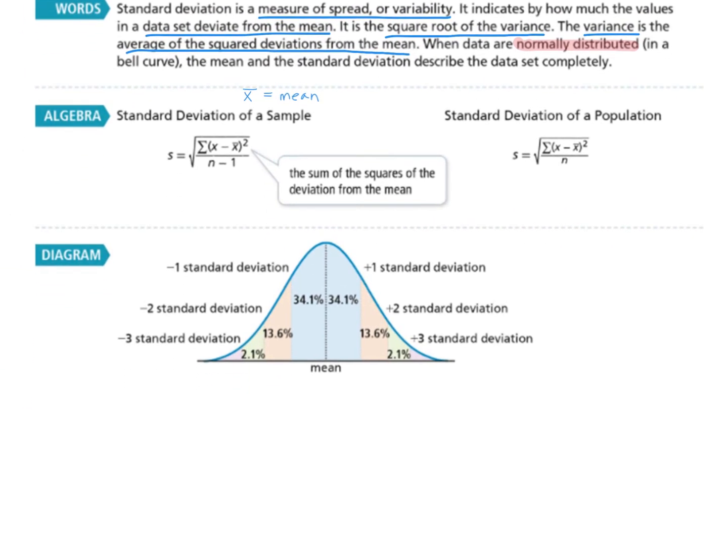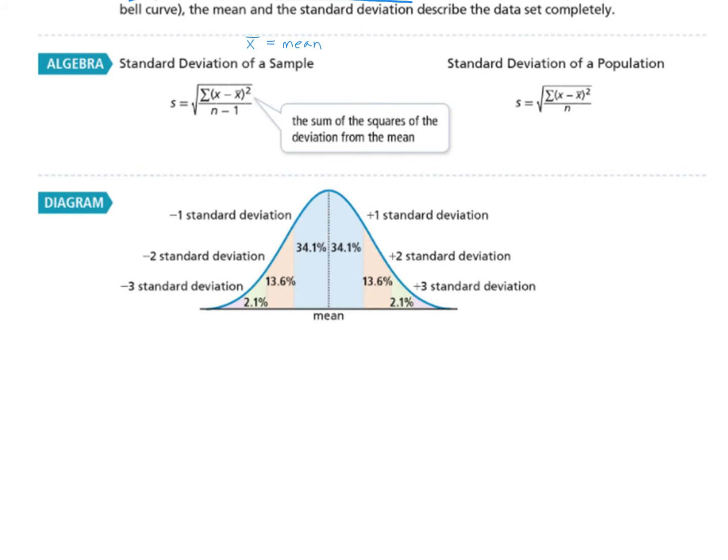Look what we get to explore in this lesson. So here's a diagram of a normal distribution. We also would call this a normal bell curve, which was in the definition above.